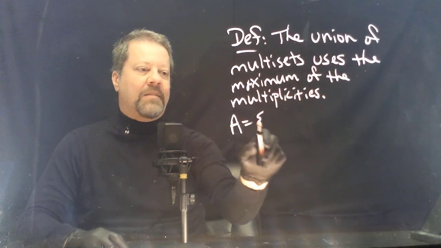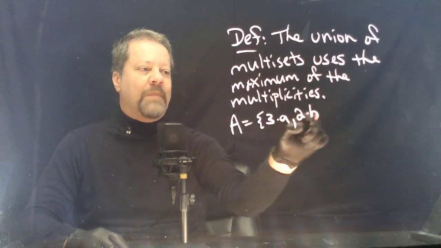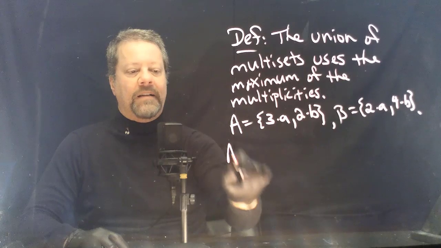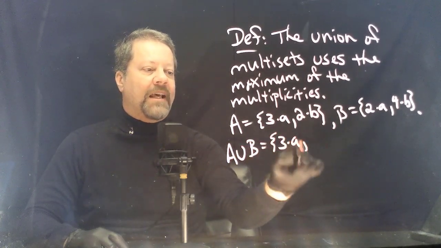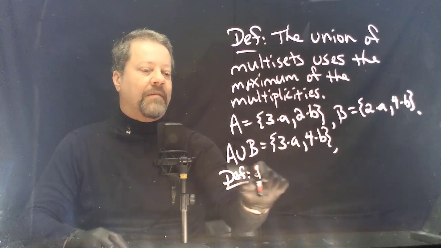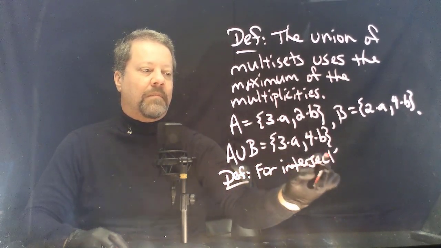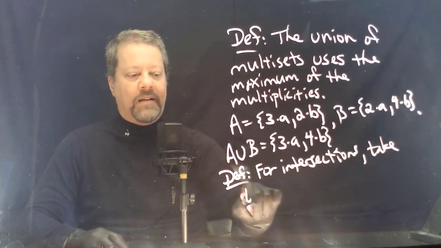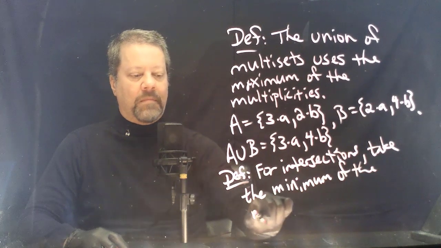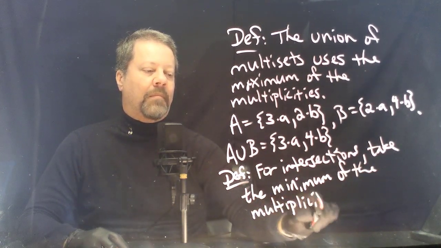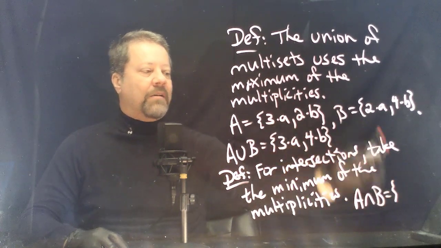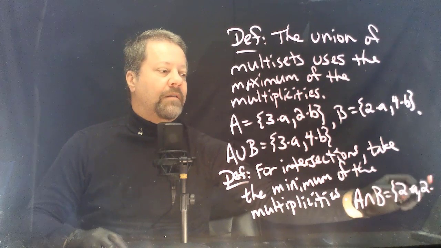So, for example, if A is the multiset 3 times A, 2 times B, and B is the multiset 2 times A, 4 times B, then the union of these would be 3 times A, 4 times B. For intersections, take the minimum multiplicity, so in the example up here, we take the smaller of the two, 2 times A and 2 times B.